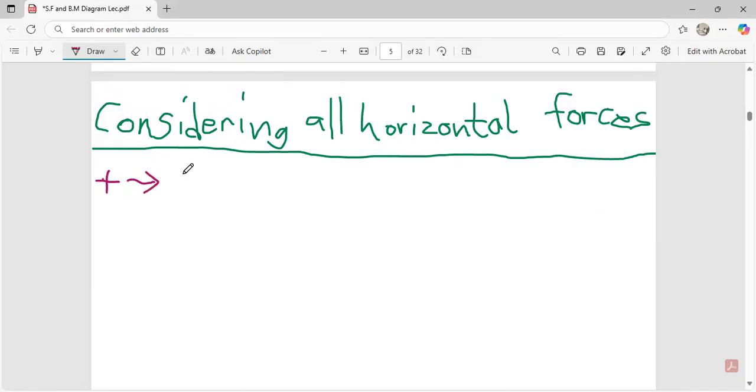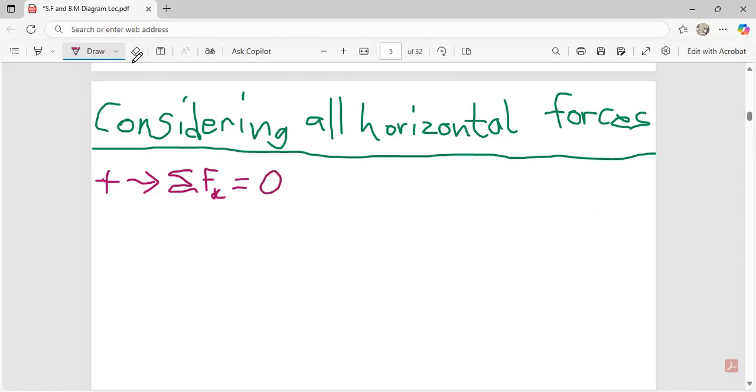And because we are not taking moment, it's the force we are taking, we are going to just say the sum of all forces at X, because this is moving in the X axis, is equal to 0.